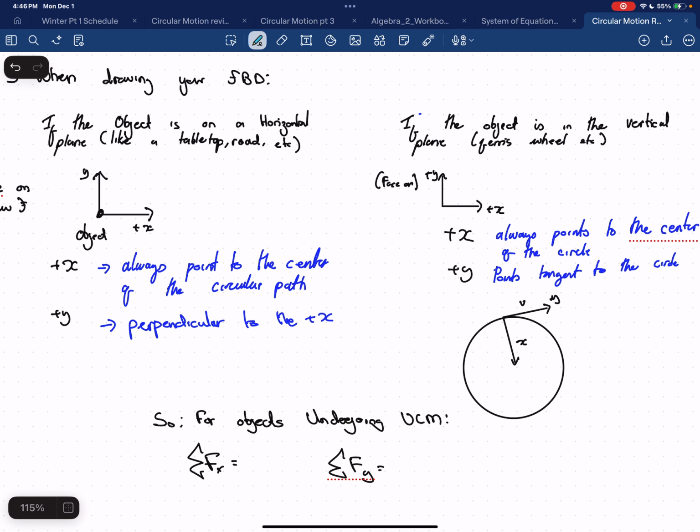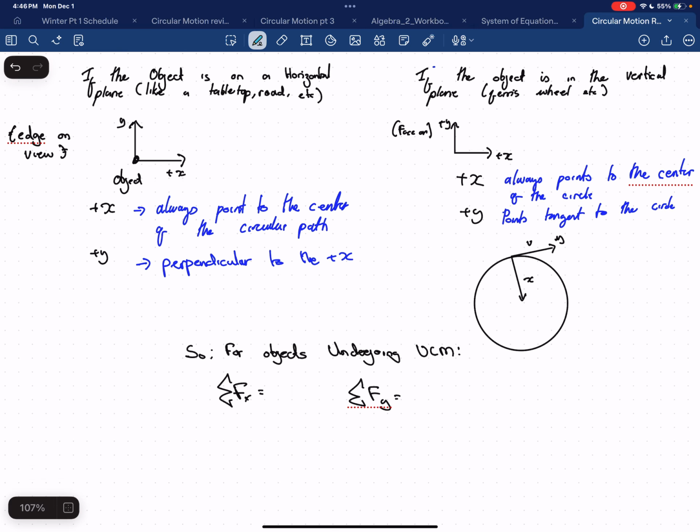All right? So, now, let me give you something that is true 95% of the time. Not always. But for problems involving uniform circular motion, F of x will always be equal to MAC.